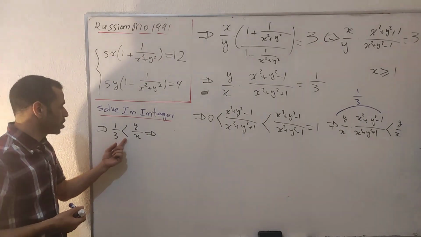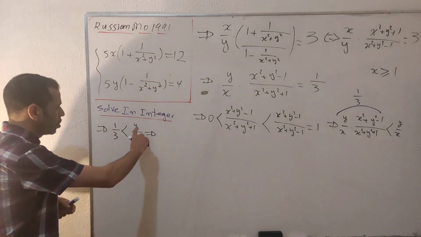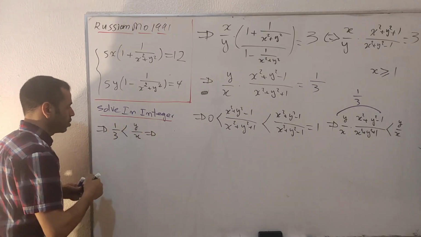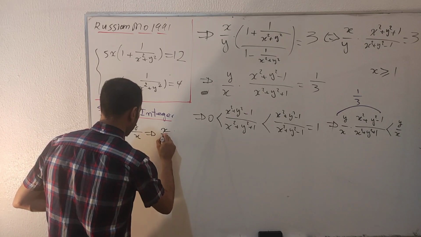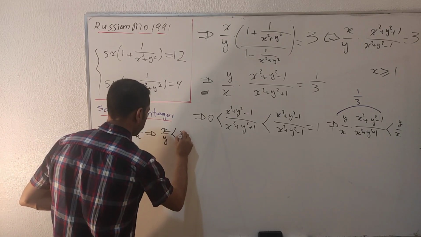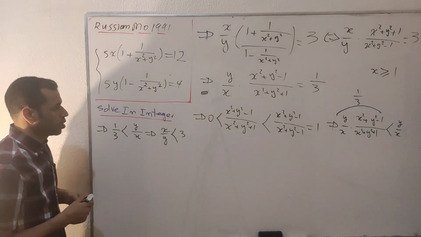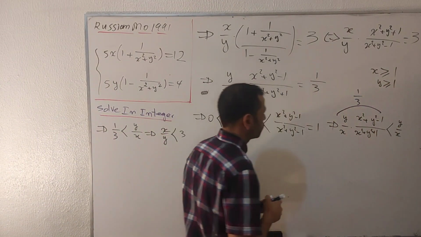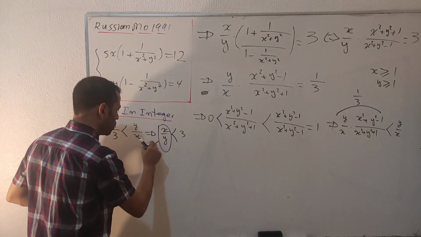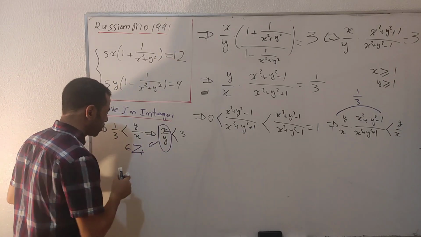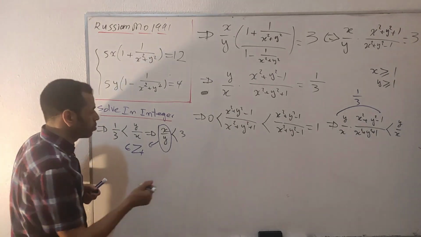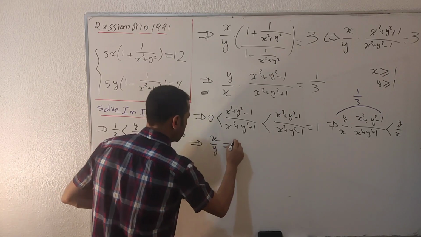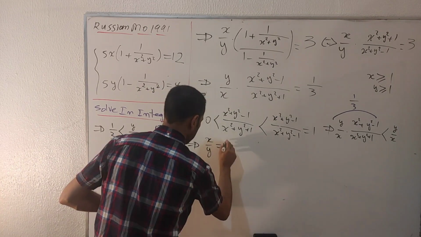In order to keep this inequality in the same direction, I'm going to take the inverse of this one here and the inverse of this one here. So we'll get x over y is strictly inferior to 3, like this. And also y must be superior or equal to 1. Since x over y is a natural number, a positive integer, x over y is going to be 1 or 2.